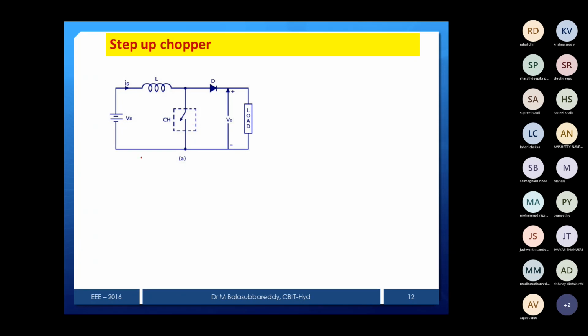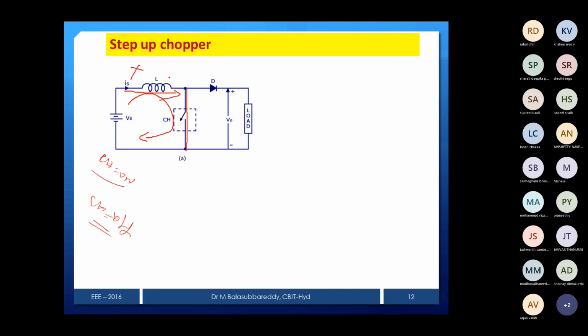Now the operation: what is the operation if the chopper is on, and what will happen if the chopper is off? Anybody can analyze this circuit in a very simple way. If the chopper is on, the switch is closed, and current passes through the inductor.